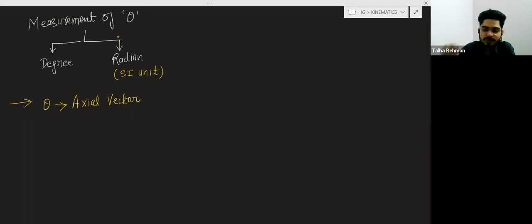The effect of this theta can be seen along the axis. Okay. So if you want to find the direction of theta, we know clockwise and anti-clockwise, but that is not the direction of theta. The direction of theta is given by the right hand thumb rule.